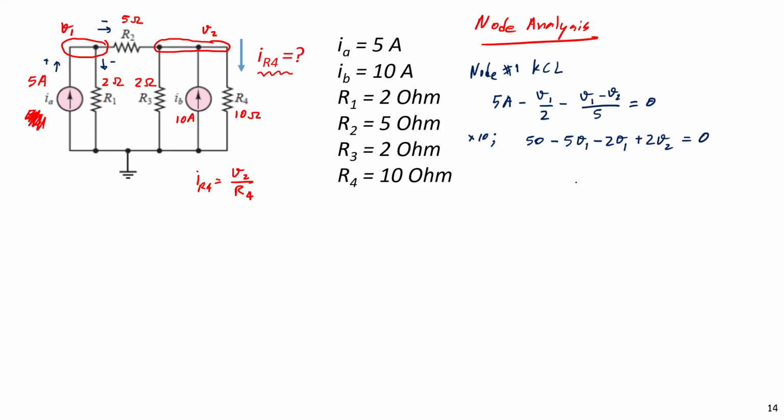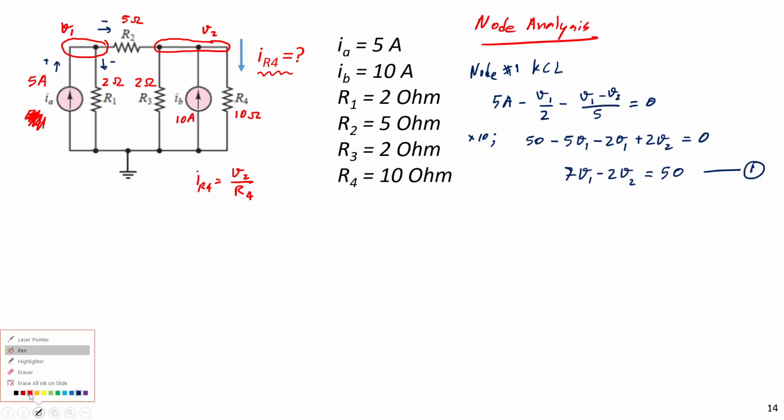We rearrange this equation, then we get 7V1 minus 2V2 equal to 50. This is equation 1.